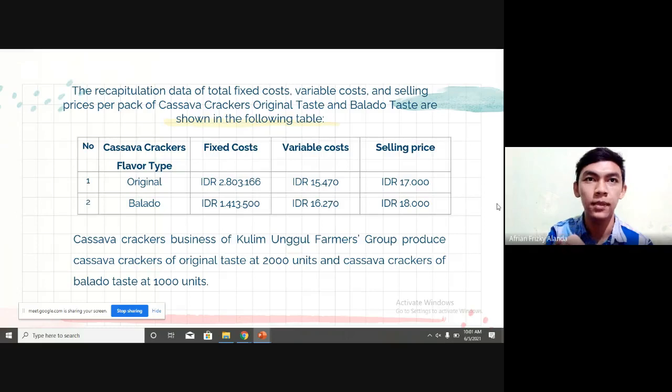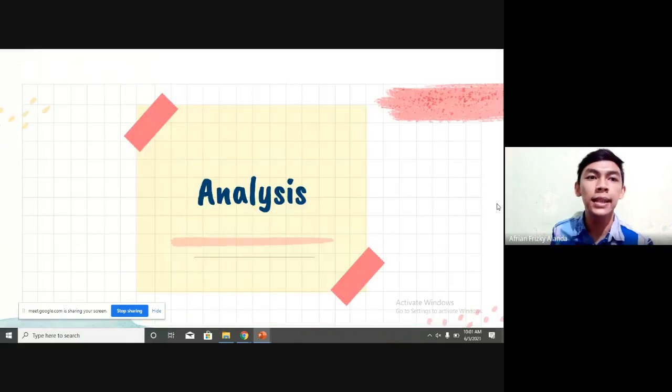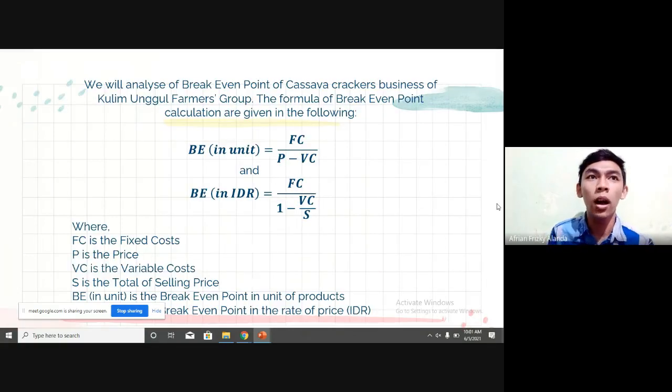Okay, next. The next is the analysis of the break-even point. We will analyze the break-even point of cassava crackers business of Kulim Unggul Farmers Group. The formulas of break-even point calculation are given in the following.